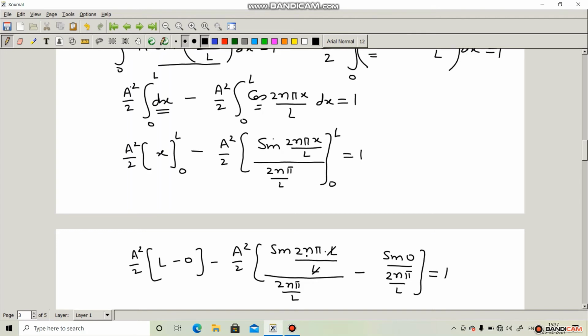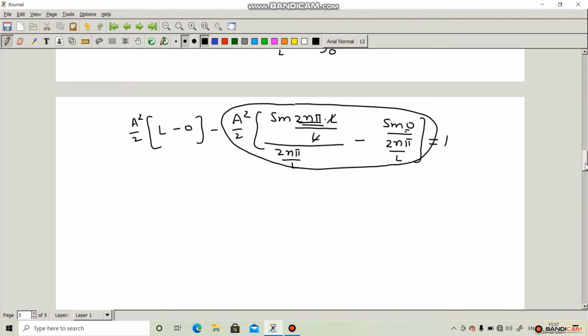L cancels out, sine 2 n pi is 0, sine 0 is 0. It means this whole term becomes equal to 0, and it becomes finally a square upon 2 L equal to 1, and a square equal to 2 upon L, and a is equal to under root 2 upon L.